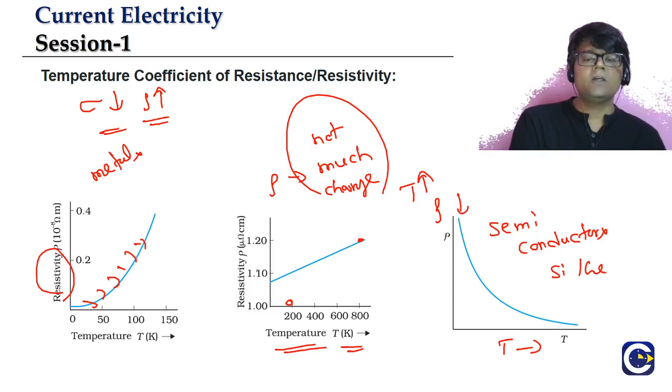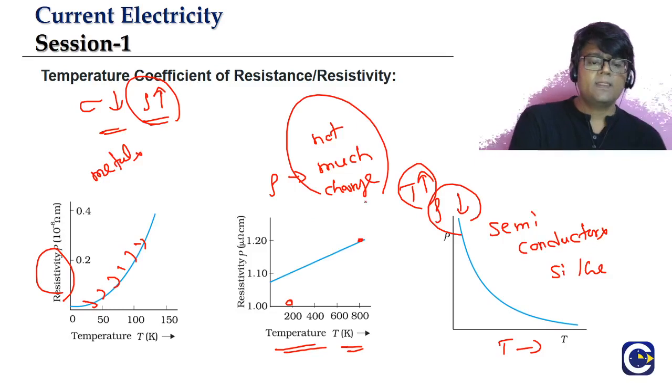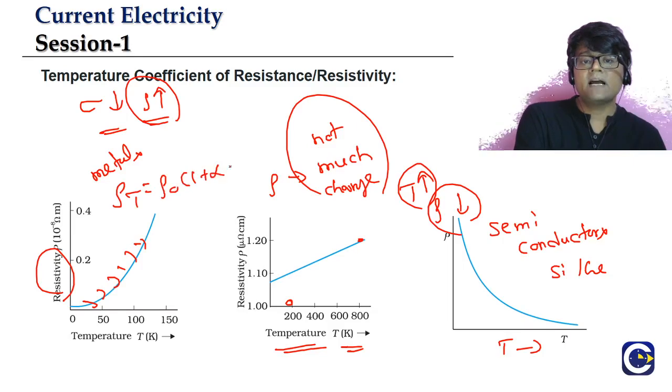So broadly, for metals, an increase in temperature means rho is going to increase. For semiconductors, increasing temperature means rho is going to decrease. And we also have substances like some alloys where the rho value will not change much with respect to temperature. Clear, guys? By that logic, if you look at the formula rho t is equal to rho naught into 1 plus alpha delta t, for these metals alpha is going to be positive, because rho t will be increasing with increasing temperature.